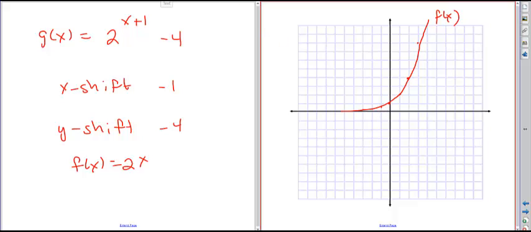So to show the shifts, we're going to shift in the x direction -1, which means we're going to shift the y-axis. And we're going to shift in the y direction -4, so we're going to shift the x-axis 1, 2, 3, 4.